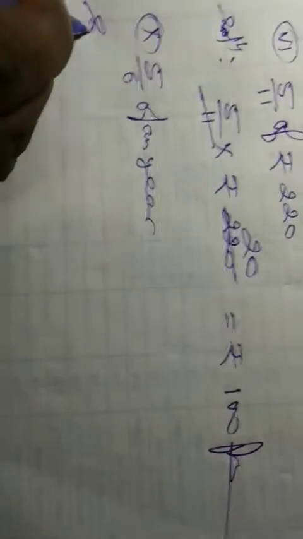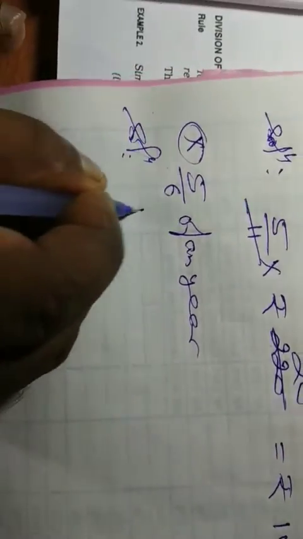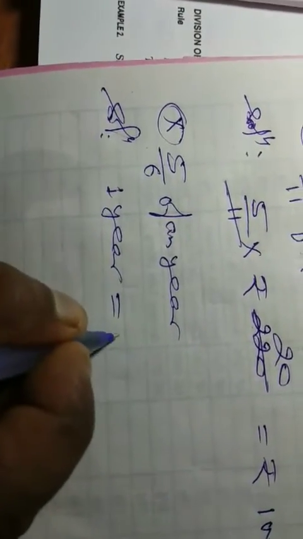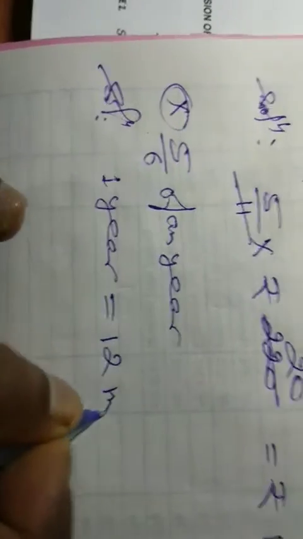Question number 10: 5 by 6 of a year. Solution: 1 year is equal to 12 months.